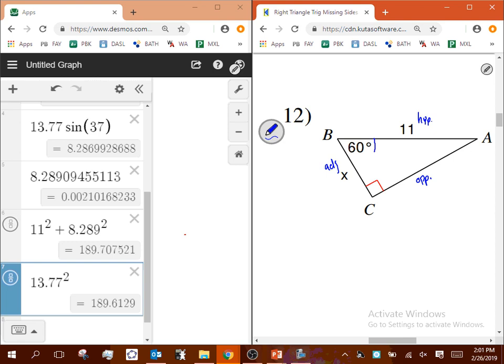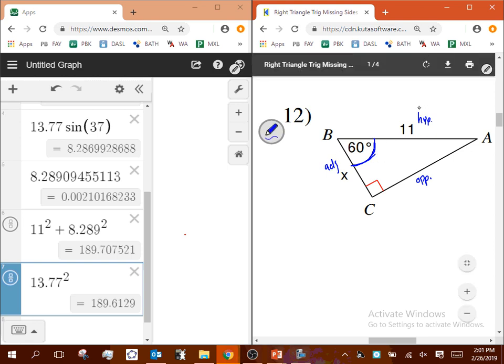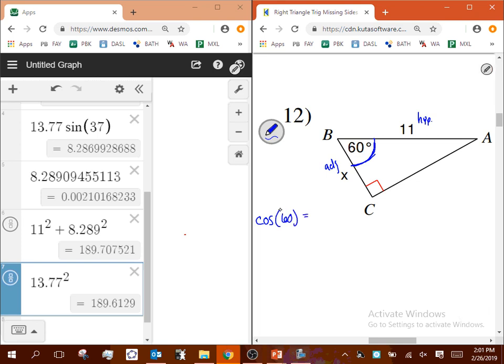All right, so using SOHCAHTOA, that angle there would provide me with this being opposite, this being adjacent, and that being hypotenuse, right? So which one would I use to solve for X? Cosine. So I'd write cosine of 60 degrees is equal to X over 11, right?